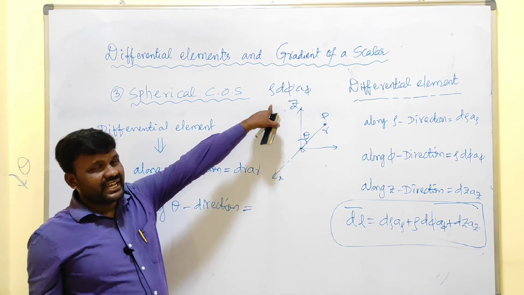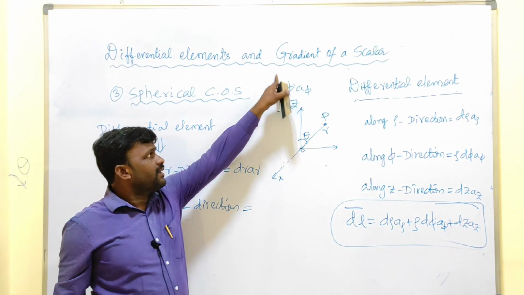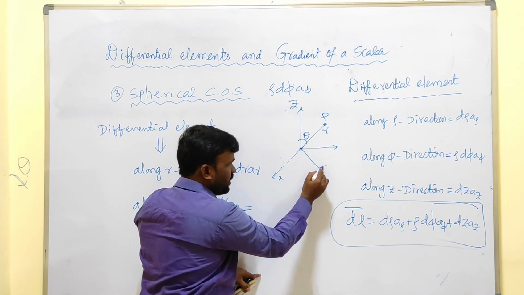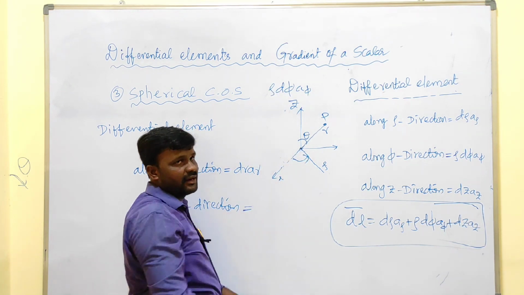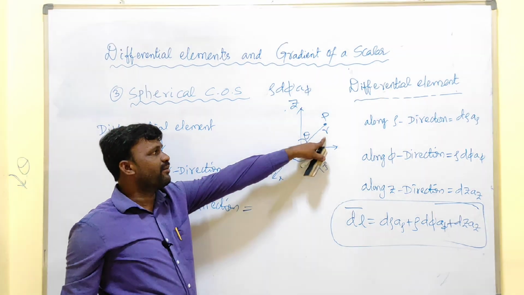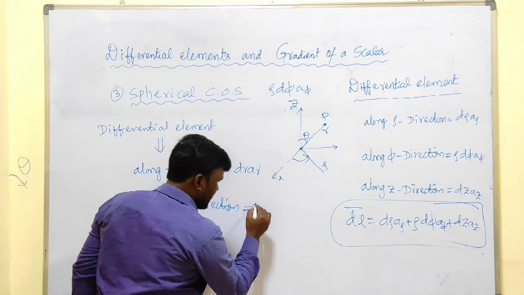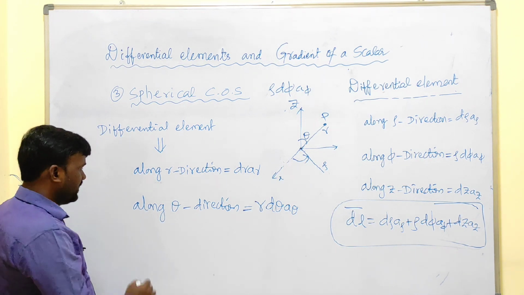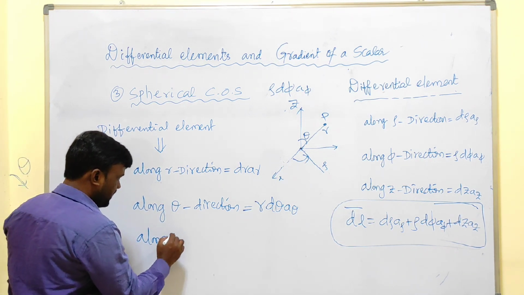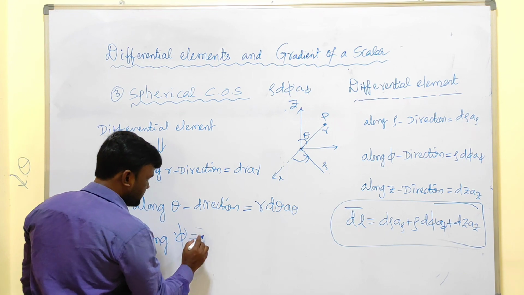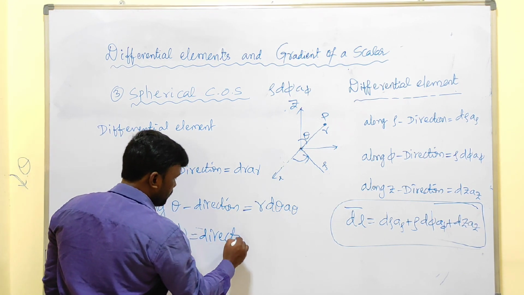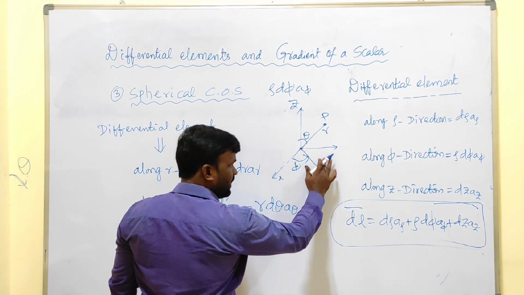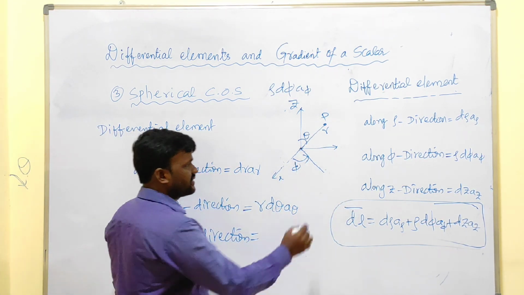In the previous case, the differential element along phi direction, this phi is the angle made by rho, so that's why that is multiplied by rho. In this case, theta is the angle made by r with z axis, that's why it can be taken as r d theta a theta. And differential element along phi direction, what is this one? Here we have phi, but here rho needs to be taken as r sin theta.